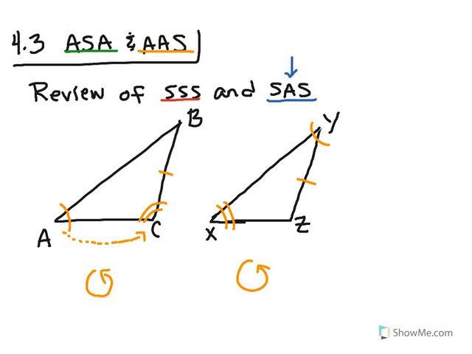However, what if I had started with X? If I had started right here and gone in the other direction, a clockwise direction, this is actually correct. So this would be my angle, and then angle up here, and then side.